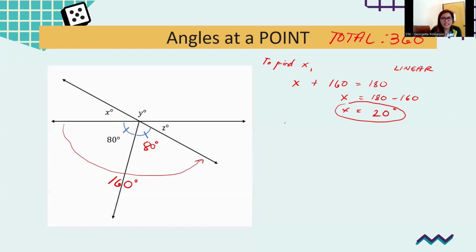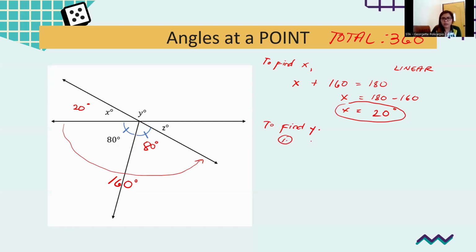Now, let's proceed to y. To find y, you can rely on the fact that you already know this is 20 degrees, and 20 is linear to y degrees. So you can do 180 minus 20. But you can also see that this 160 is vertical with y. So there are two methods.